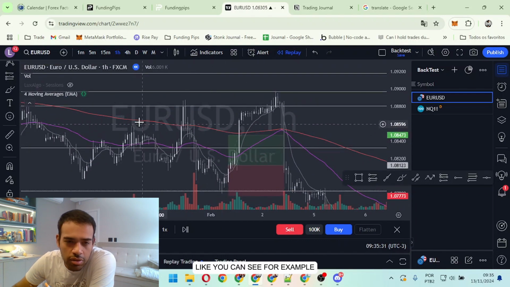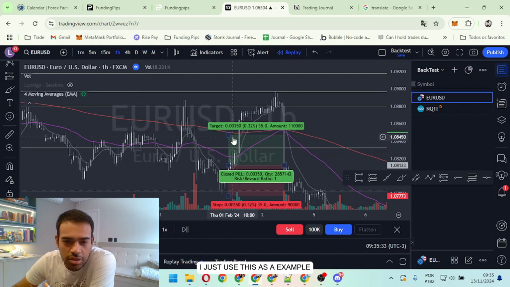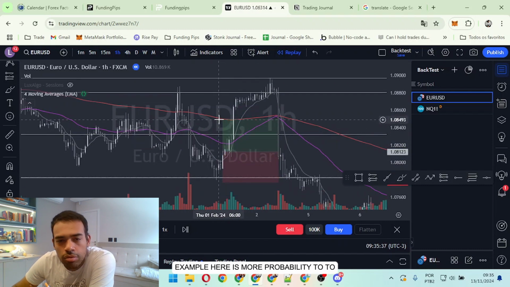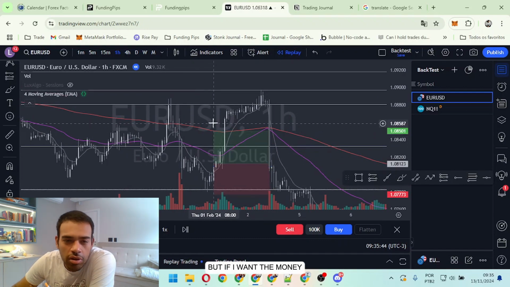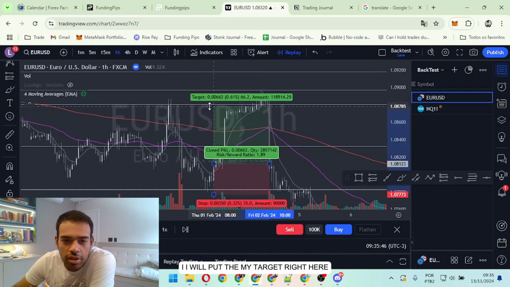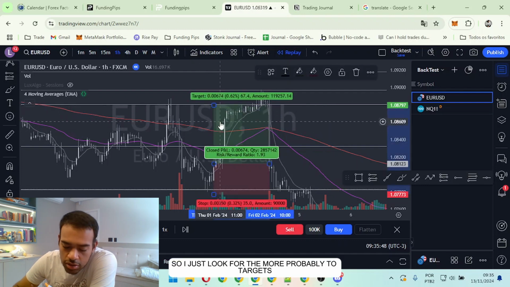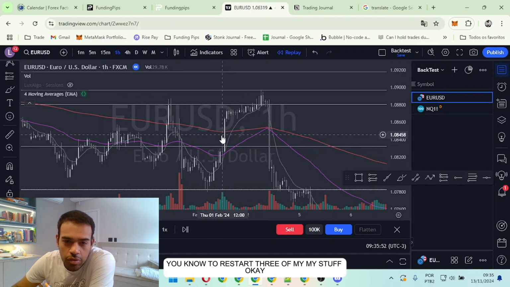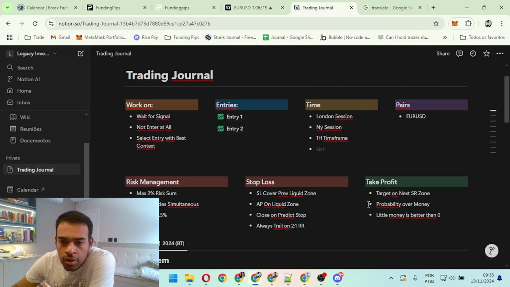For example, I just use this as an example. Here is more probability to go here and start to go down, but if I want the money, I will put my target right here. So I just look for the more probable targets, to start trailing my stop. Okay, this is the topic for take profit.